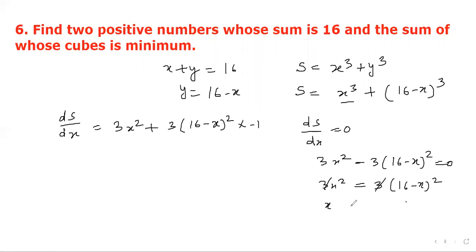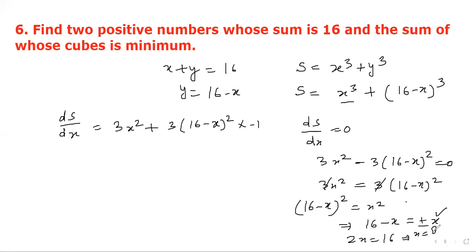We write it the other way: (16 minus x) whole square equal to x square, which gives 16 minus x equal to plus minus x. So here we have to choose only x as positive, otherwise it will become 0. So 2x equal to 16, from where we get x equal to 8. So when x equal to 8, y will also be 8.